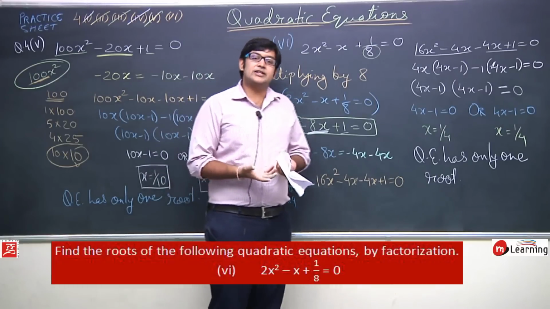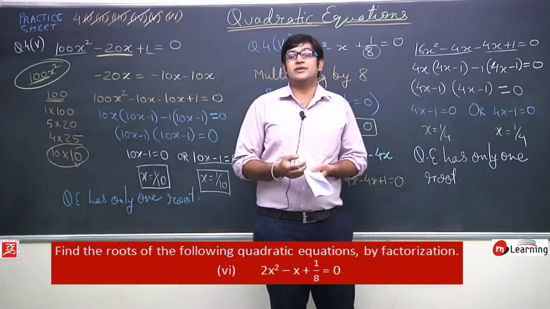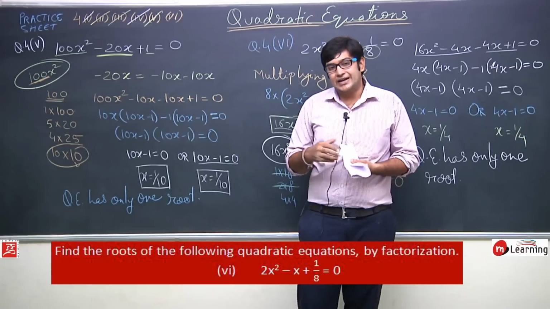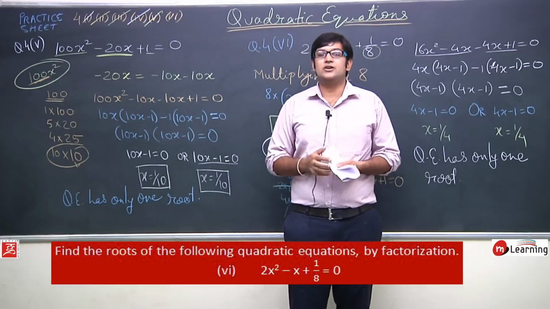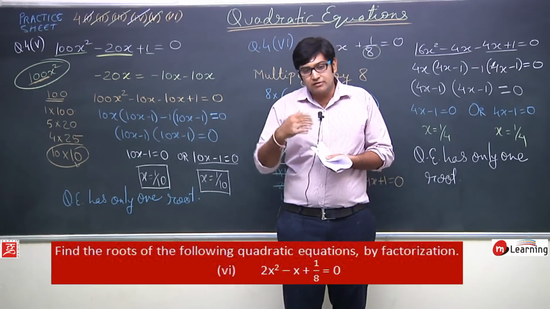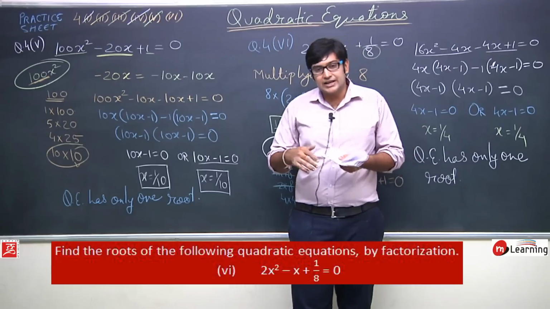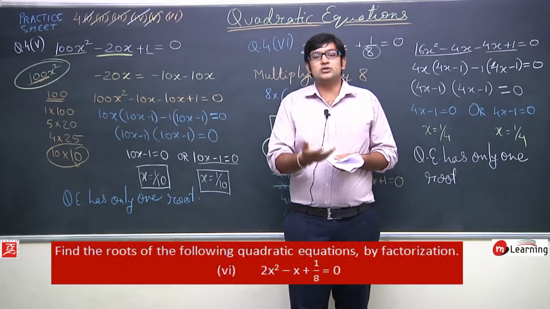But there are some equations for which the factorization process is very difficult. कुछ ऐसी quadratic equations होती हैं जहाँ पर factorization apply करना बड़ा difficult होता है. So हम उन equations को factorization method से solve नहीं कर सकते, उनके लिए हमें दूसरे methods को develop करना होगा. So we will learn those methods also.